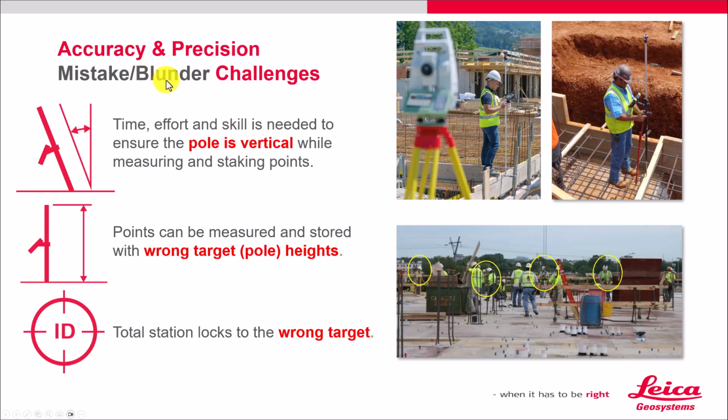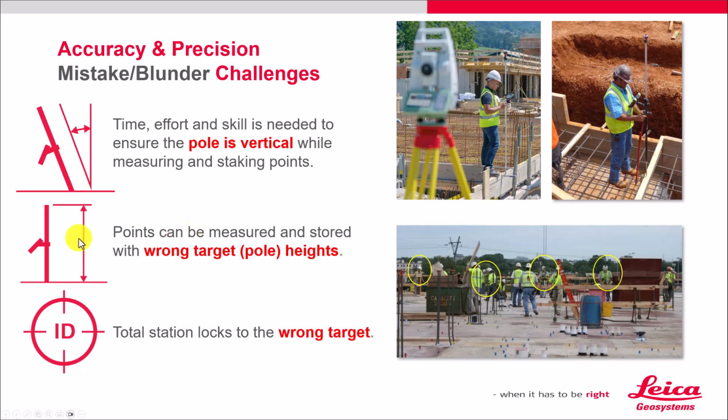Some other new technology that helps you, again, eliminate and minimize mistakes and blunders is we have an IMU on a pole that lets you hold the pole not plumb. Very cool technology that also lets you get into some areas that you can't normally get in, like say underneath a car.